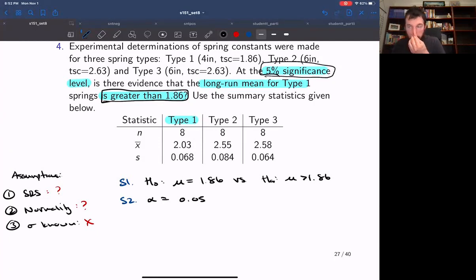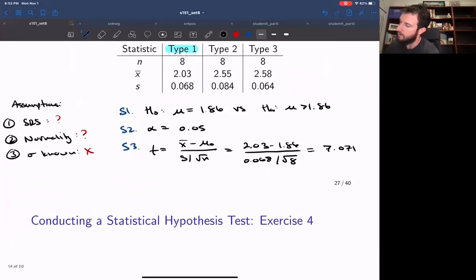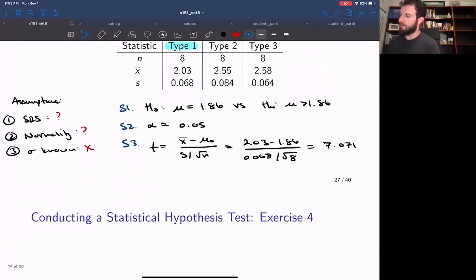So alpha 0.05. Step 3, we have t equals x bar minus mu 0 over s divided by the square root of n. So this is 2.03 minus 1.86 divided by 0.068 over the square root of 8. And this is 7.071.